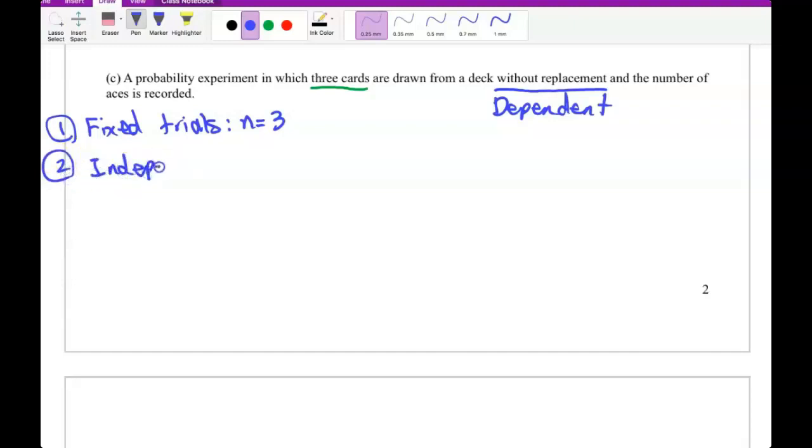So do we have independent? No. So because of that, without replacement.